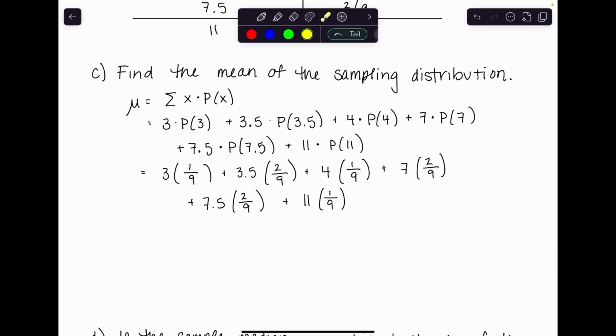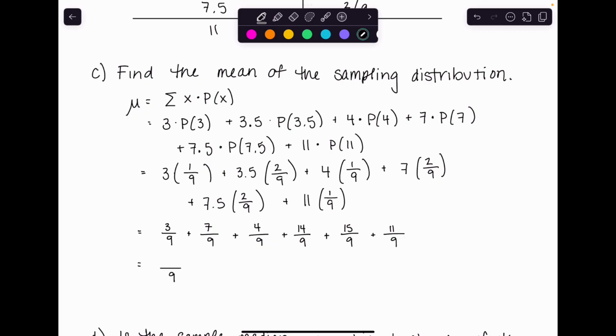So if I go to multiply these, again, really you just multiply in that numerator, because this is really like 3/1, and you multiply fractions across. So 3 times 1/9 is 3/9. 3.5 times 2 is going to be 7/9. 4 times 1 is 4/9. 7 times 2 is 14/9. 7.5 times 2 is 15/9, and 11 times 1 is 11/9.